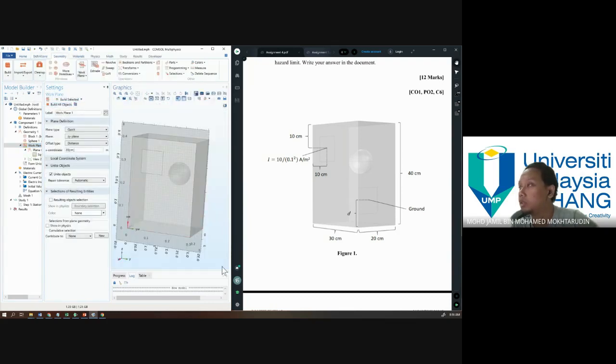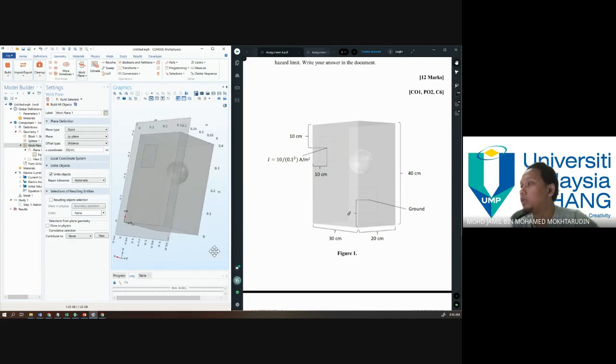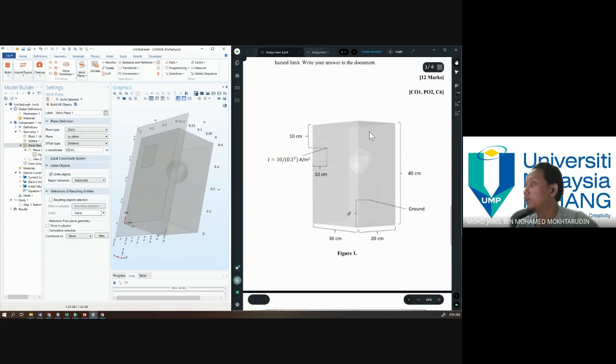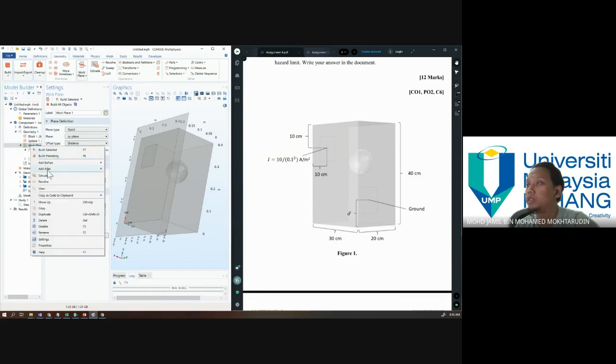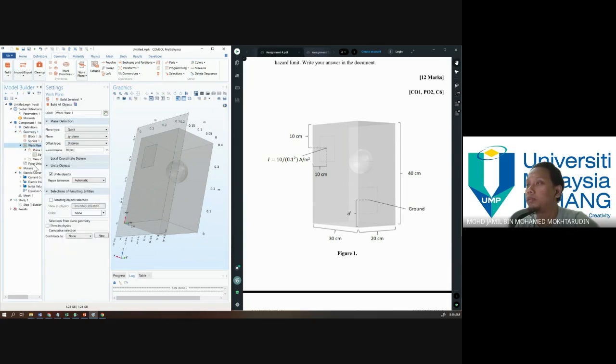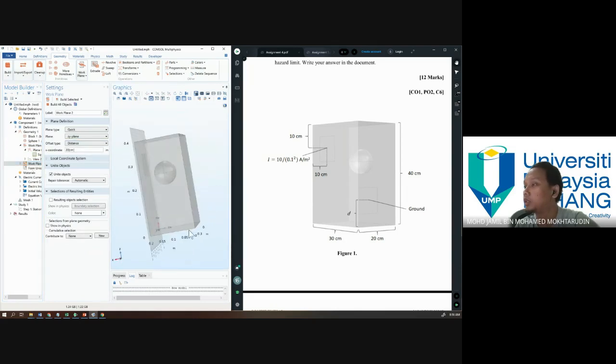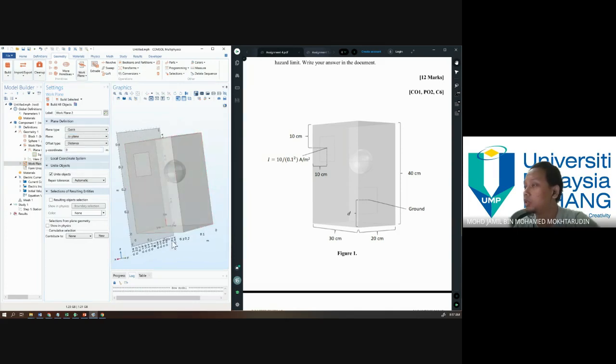Okay, and then we need another work plane to draw this ground electrode. So just duplicate, and then the plane is here, ZX. And 30 cm.